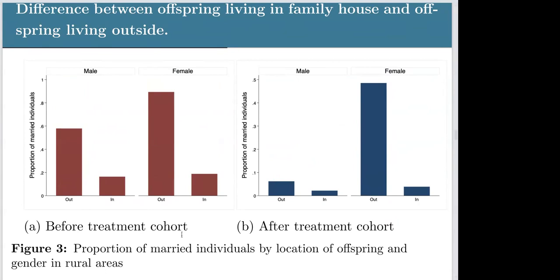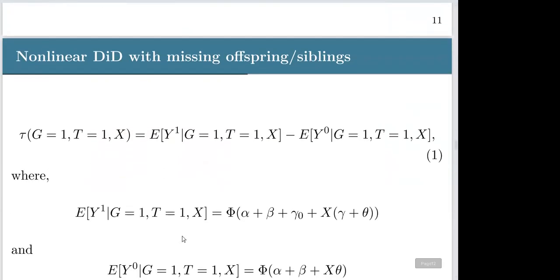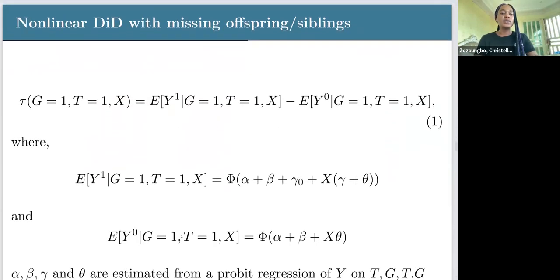Okay, go ahead, please. Okay. So before I get into identifying the bias from using only offspring that I'm observing in a household with parents, I want to just quickly talk about the original framework that I'm considering to estimate the treatment effect, which is a difference in differences method.